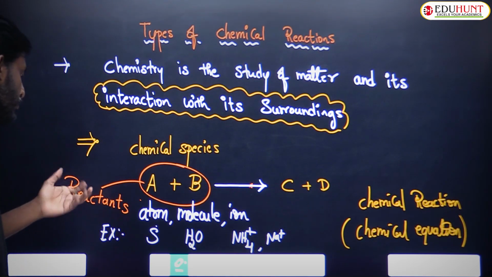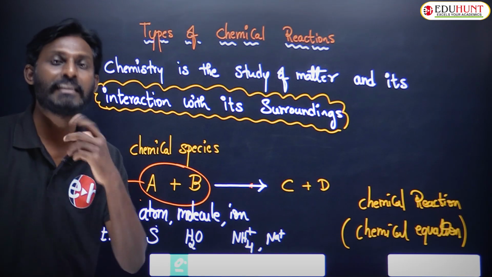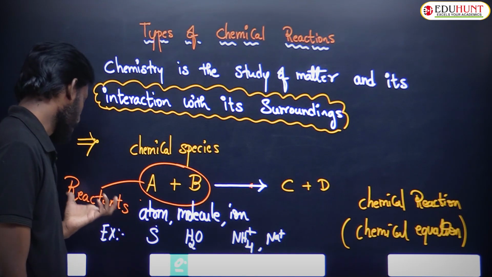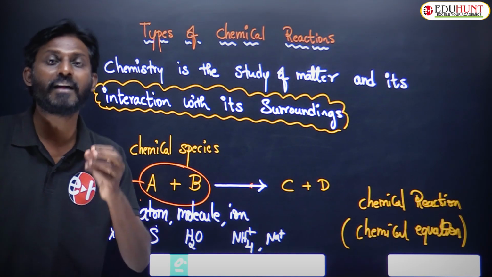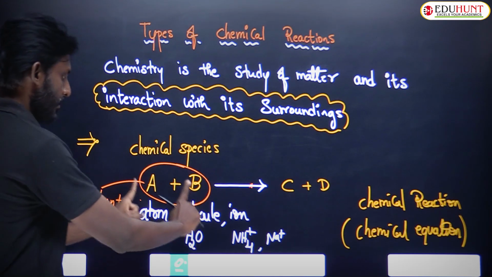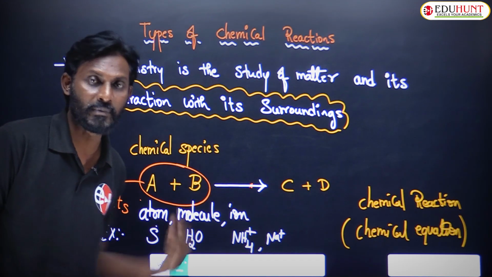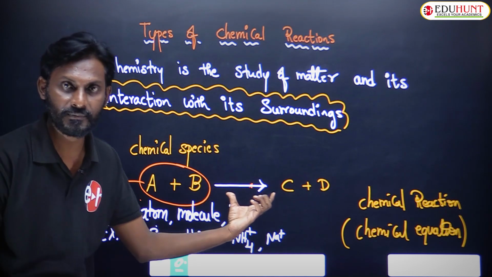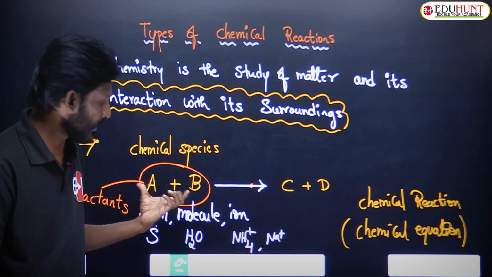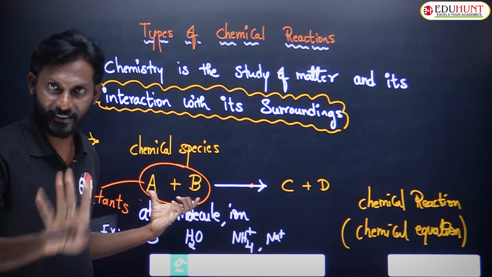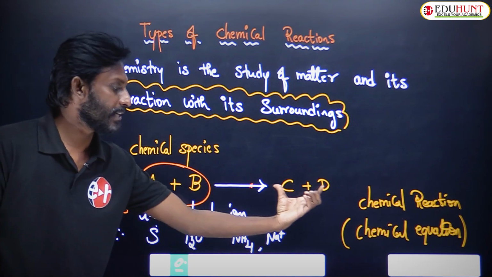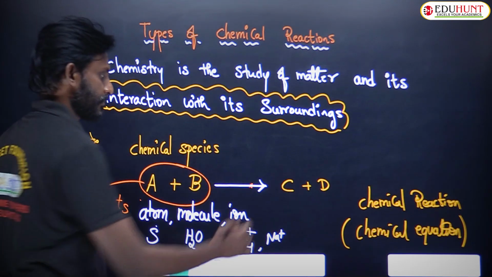Sometimes we use the name reagents instead of reactants. So in a chemical equation there is an arrow mark; towards the left side of the arrow mark there are reactants, and towards the right side there are products.